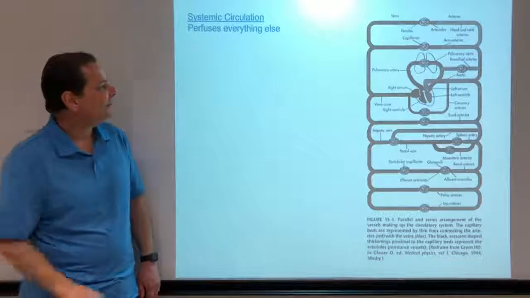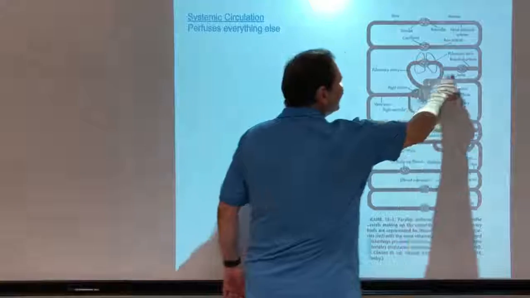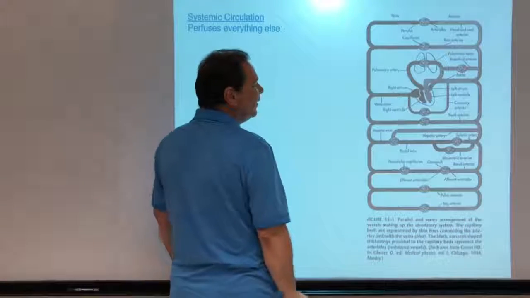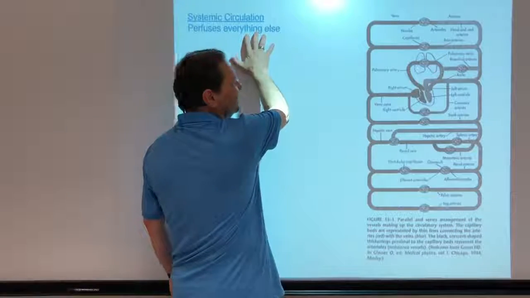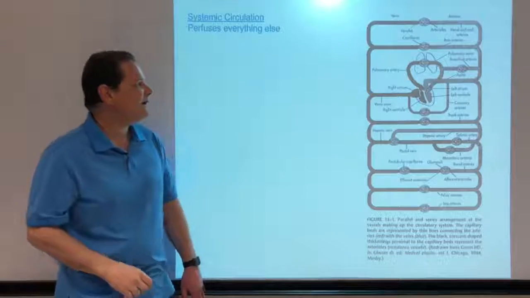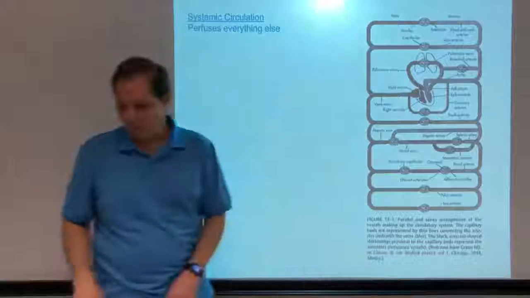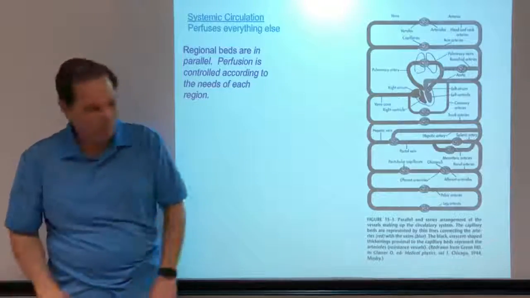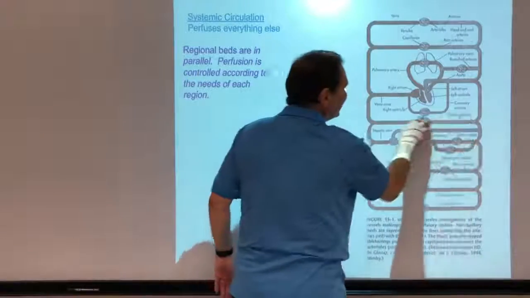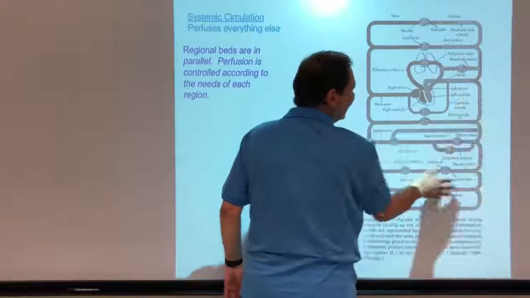In contrast, when the blood exits the left heart, it enters the systemic circulation. The systemic circulation isn't just one organ, it's all the other organs in the body. Each of these organs receives some of the cardiac output.